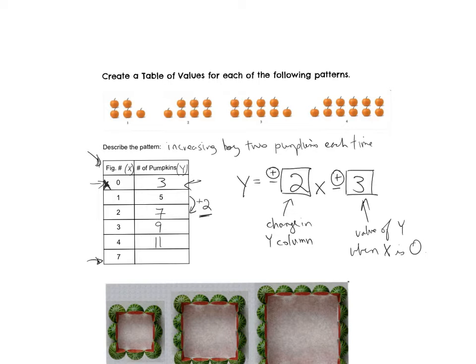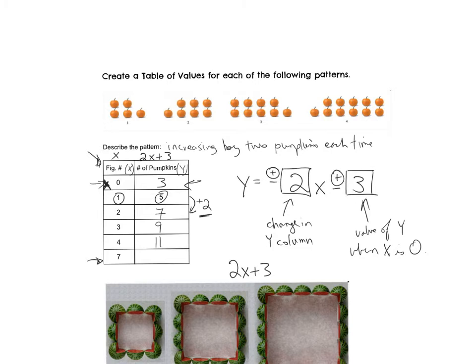So now we have used the expression builder to build our expression, which now, pulling those things down, we have 2x plus 3. So our expression goes up on the top of the Y column, and our variable goes on the top of the left column. So now we want to check to make sure that this is the correct expression for this table of values and for this relationship. So I'm now going to input my X values into the expression and make sure that I get the correct output.